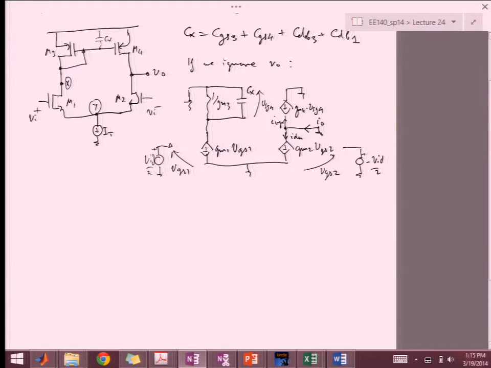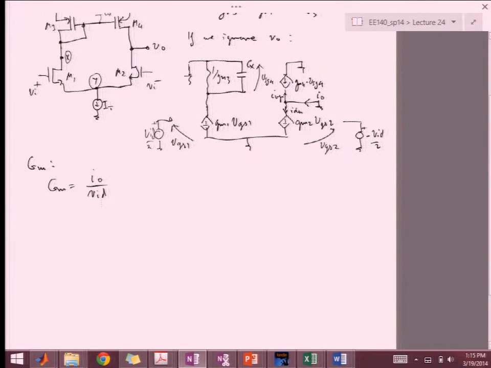So if we want to calculate the GM, GM would be this IO over VID, because we're applying a differential input. And then IO is I up plus I down.